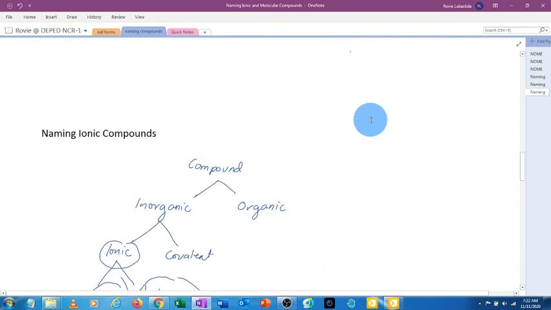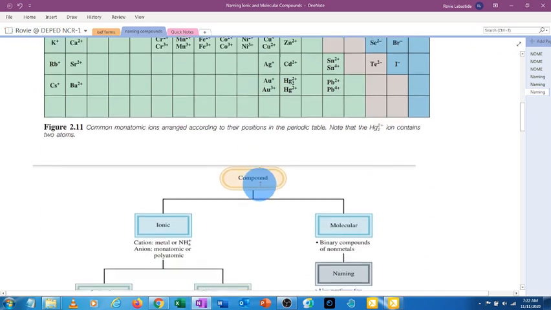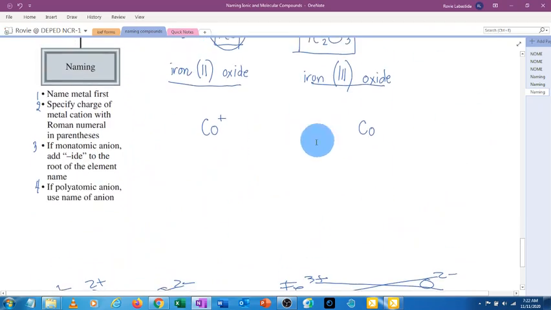Let me just check the possible charges for cobalt, and it's not included here. Let's have copper instead. Alright, let me erase this one.